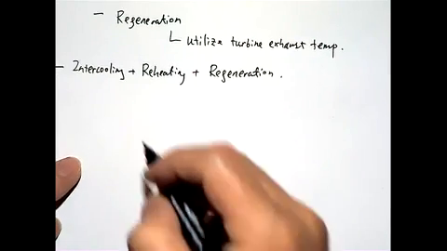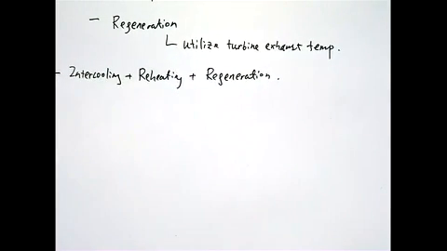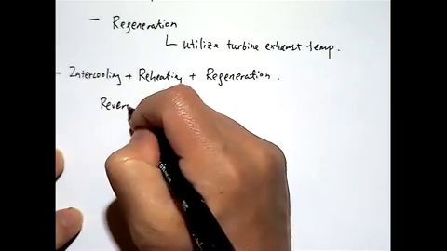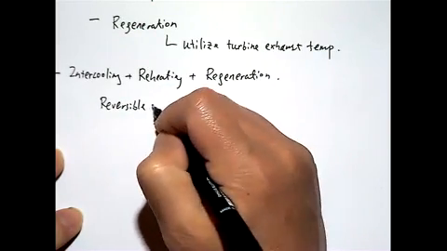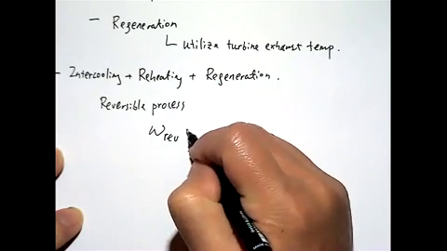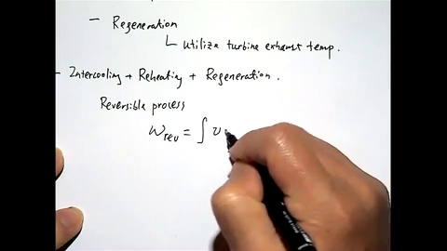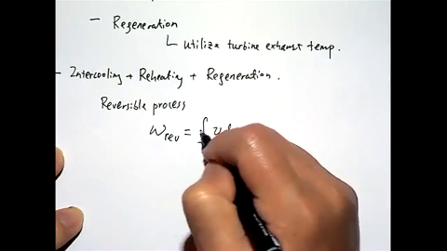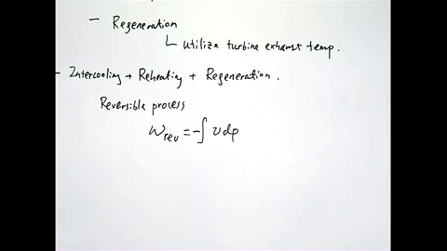If you consider a reversible process going through a compressor or turbine, the work can be calculated as minus v dP, where v is the mass specific volume. I'm not deriving this here, but it's in one of the tutorial problems.